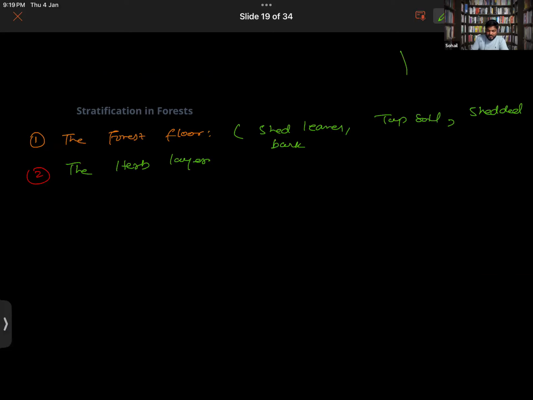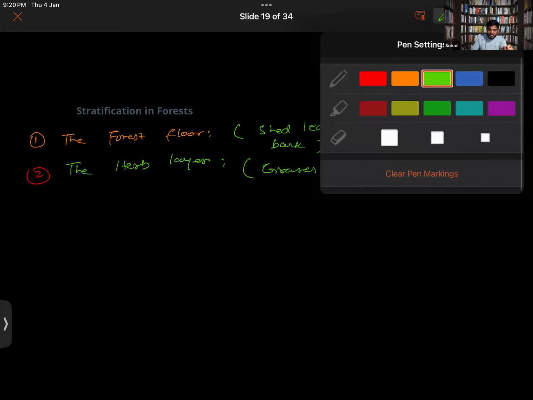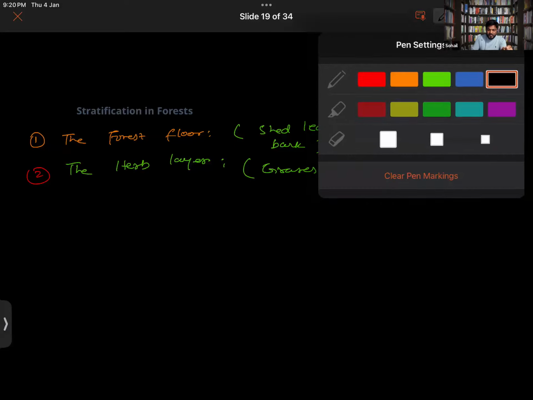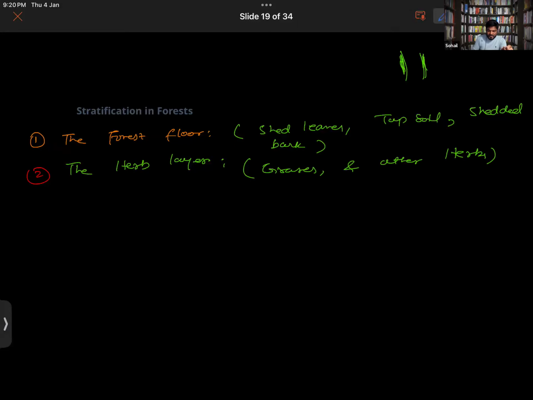Bark is, by the way, the outer layer of the stem. So that is what the forest floor will be made up of. In the herb layer, you will be having grasses and other herbs, and these are the non-woody plants found here.